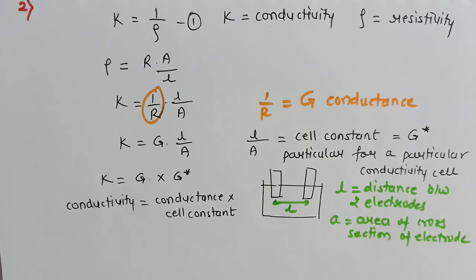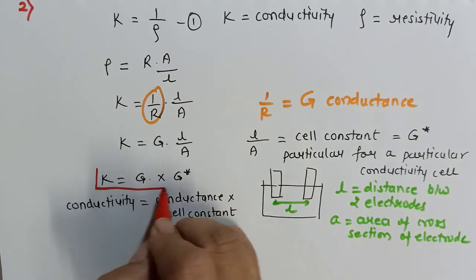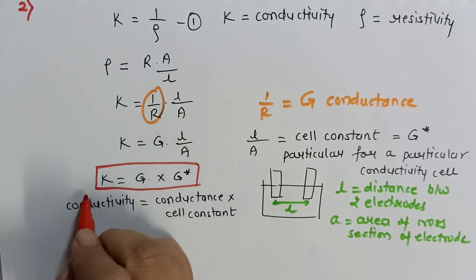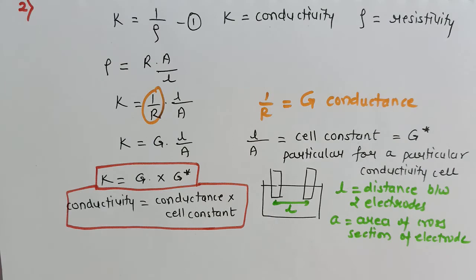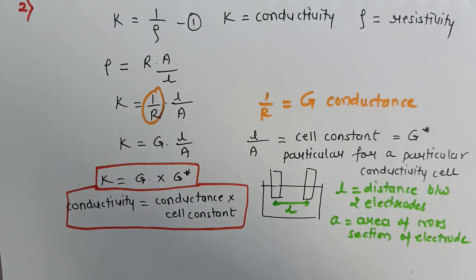We have many numericals based on both these formulas. Many numericals are asked not only in your board exams but in your JEE exams also. So let us solve some numericals based on all the formulas that we have discussed today.